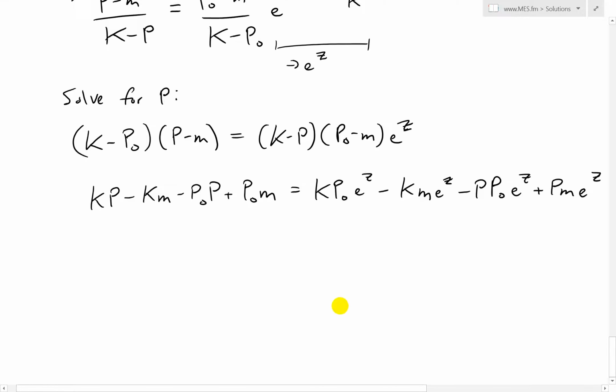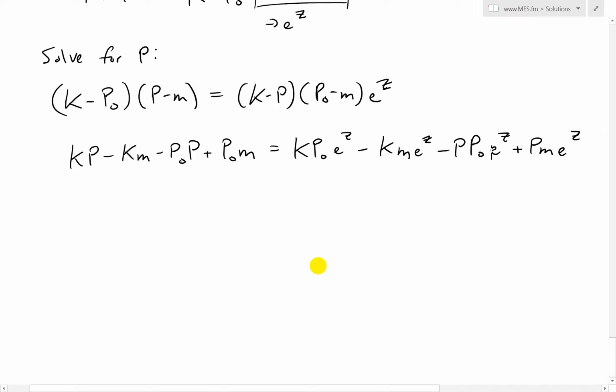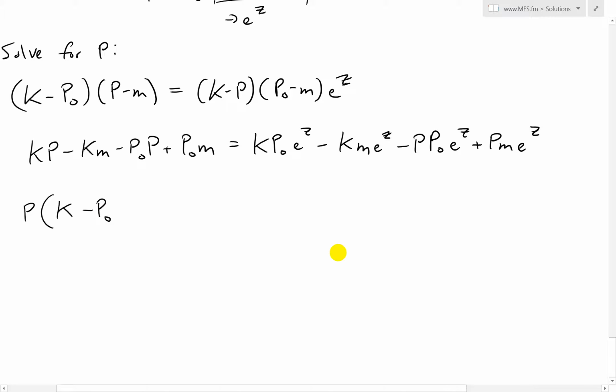And now the next step is to factor out all of the terms that have a p in them, and move them over to this side. There's a Kp right there, so we'll take the p out, and then we'll have a K inside. The next one is negative p0, and then we're going to move everything all the way to this side.